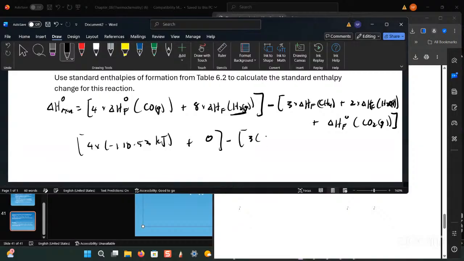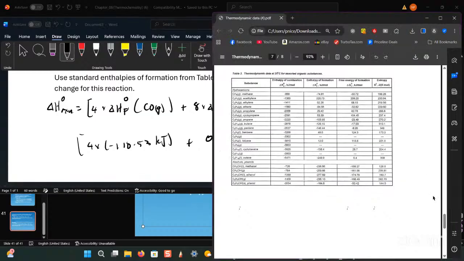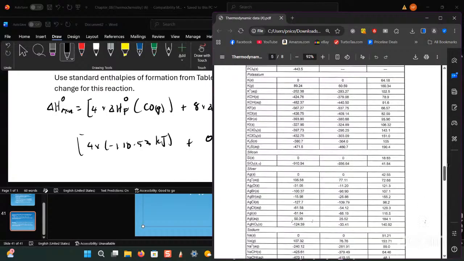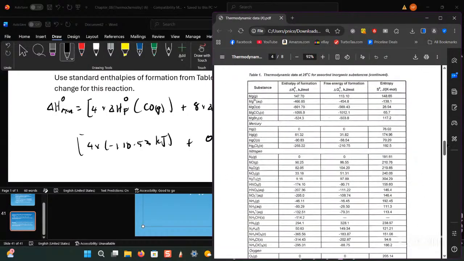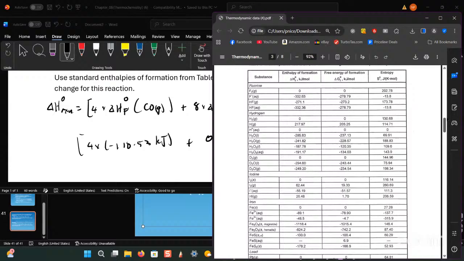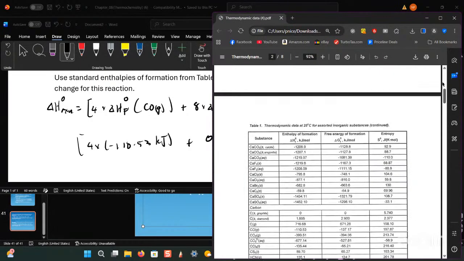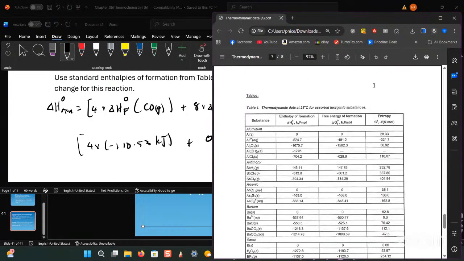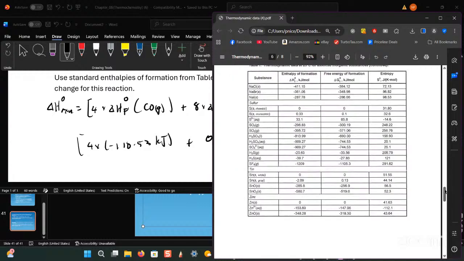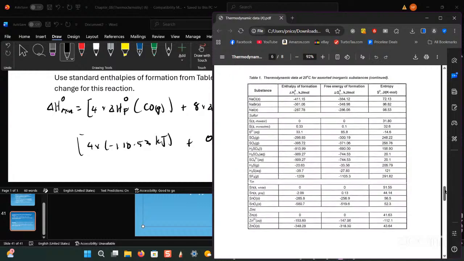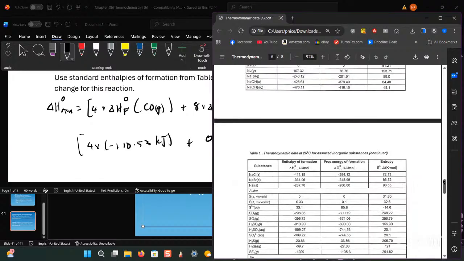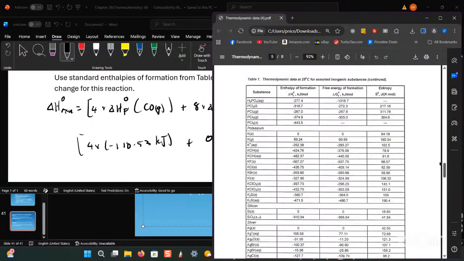So I'm going to put 3 times minus 74.81 kilojoules. And then I'm going to add to that 2 times the enthalpy of formation of water, liquid. Water, where are you?